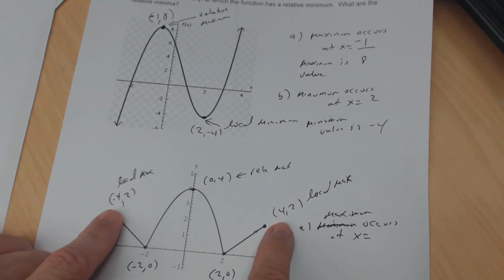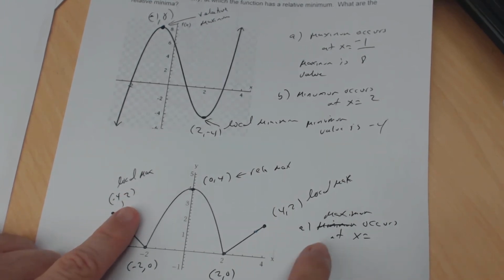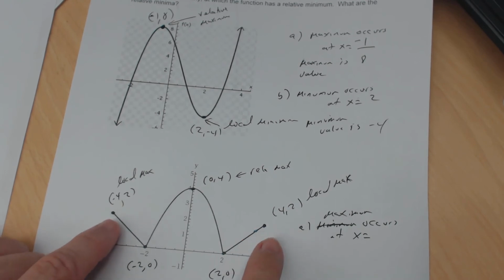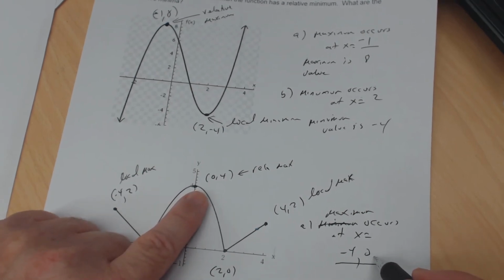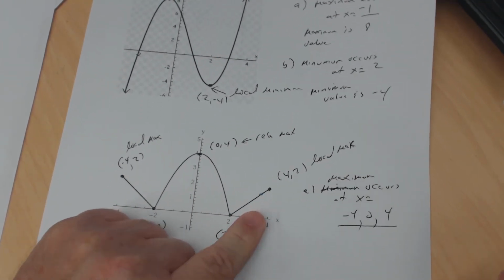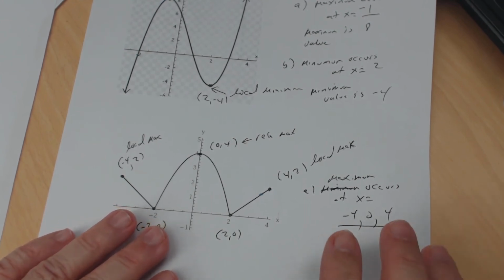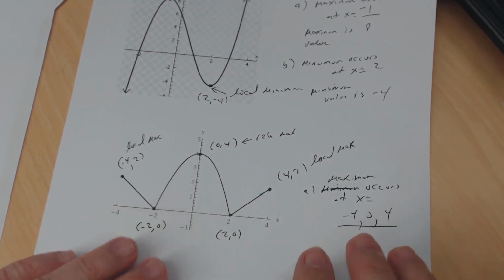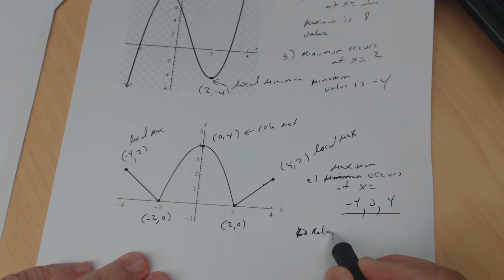The y values are the same. So when we get to that part, in a little while, you're just going to put it once. So the maximum occurs when x is negative 4, 0, and 4. So there are three places where there's a local maximum. Now, what is that local maximum? The local, or the relative, we could use relative this time.